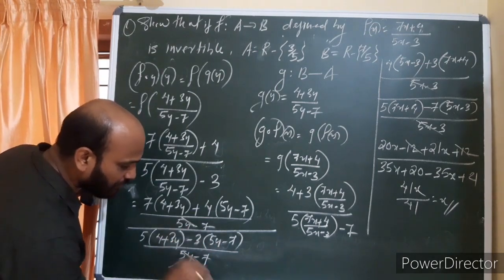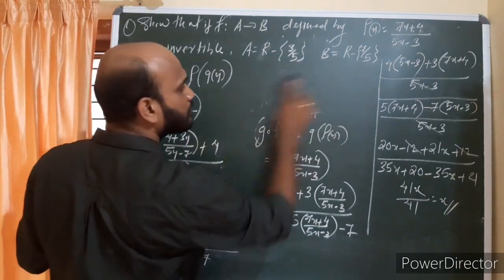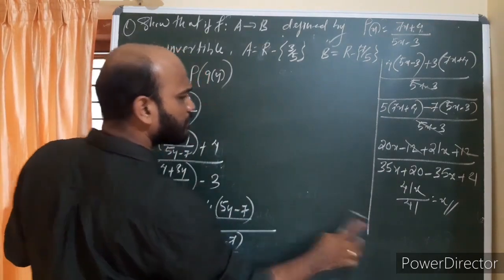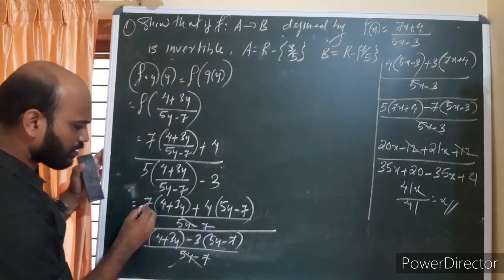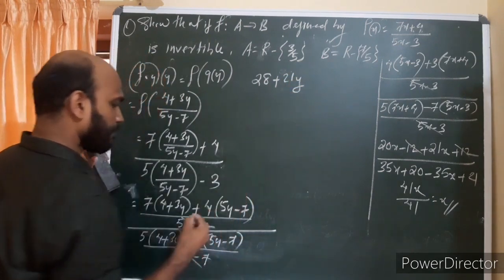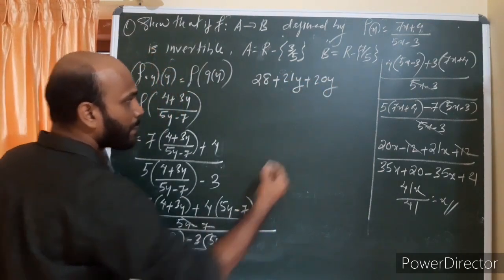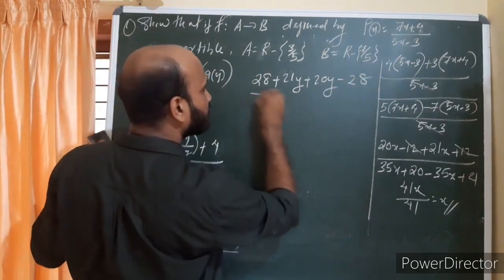So you can cancel (5y - 7). The numerator: 28 plus 21y plus 20y minus 28.